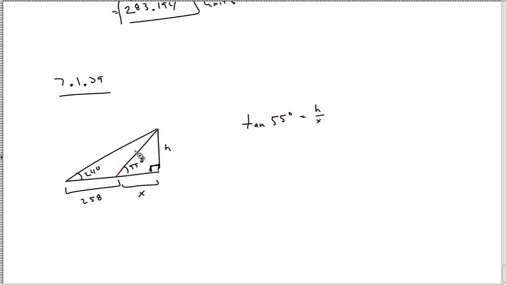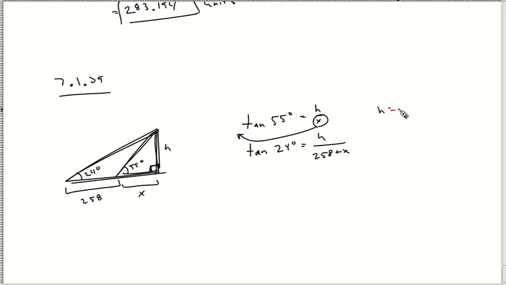So I'm just looking right here at this triangle. But then I could say tangent of the 24 is equal to H over 258 plus X. And so that's this big triangle here. Okay. And now what I have is two equations, two unknowns, solve. So what I'm going to do is actually solve for H by moving this over here.